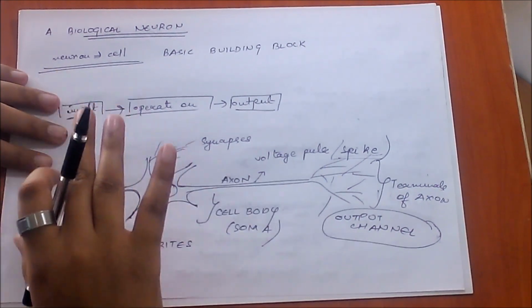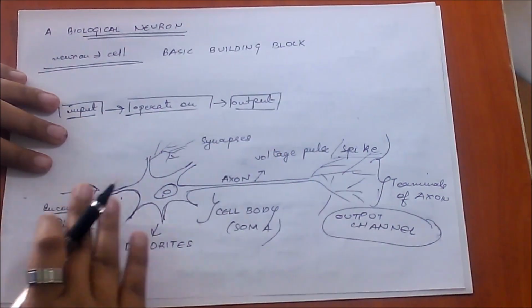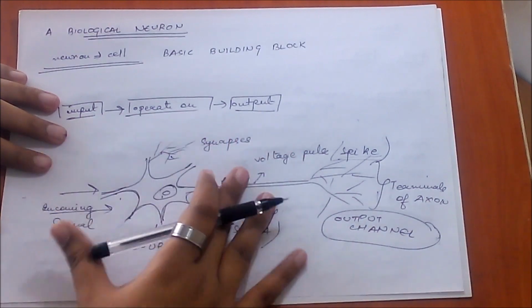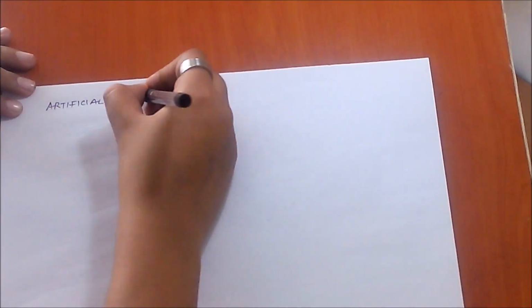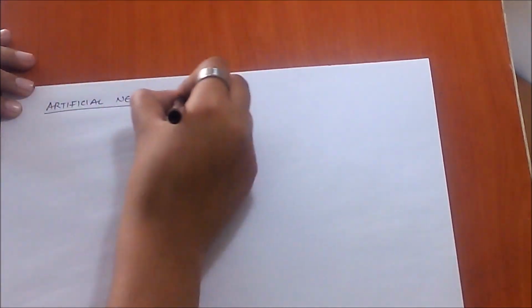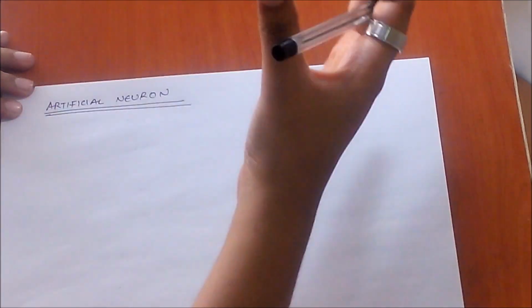So the basic idea with soft computing was to duplicate the work of a neuron. When we duplicated the work of a neuron, the thing was termed as artificial neuron. Basically, the structure of biological neuron was the one which was discussed earlier.